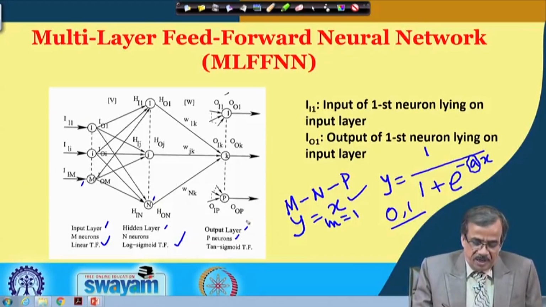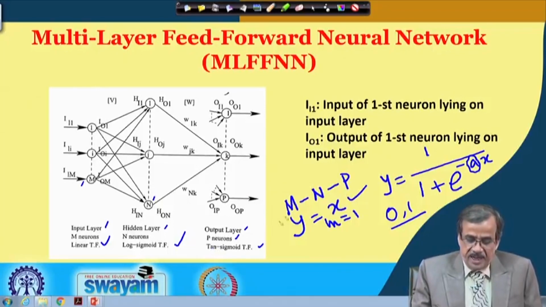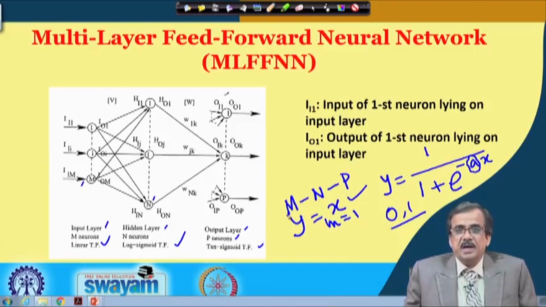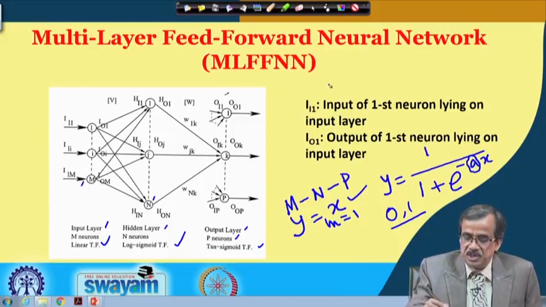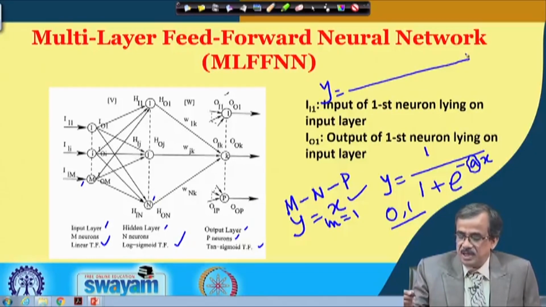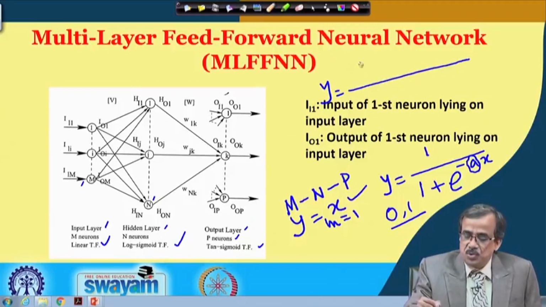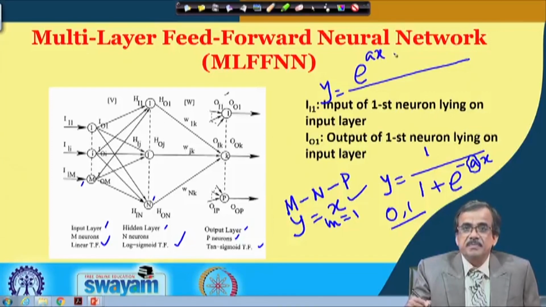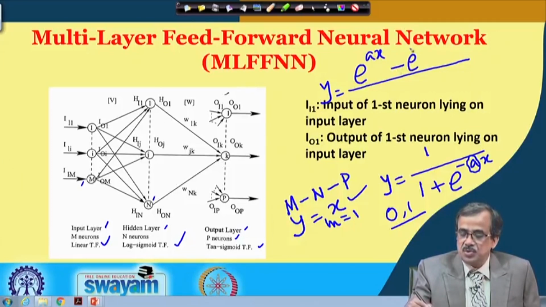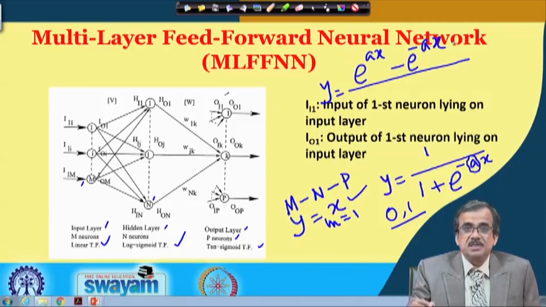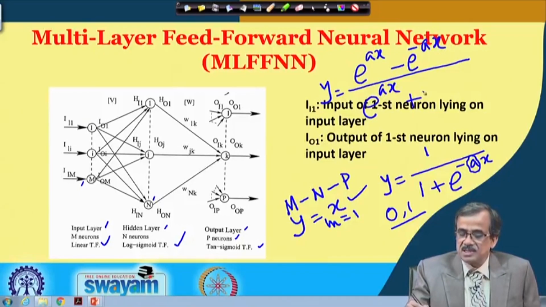Now, on the output layer we consider the tan sigmoid transfer function, and the mathematical expression for a tan sigmoid transfer function is something like this. y equals e raised to the power a x minus e raised to the power minus a x divided by e raised to the power a x plus e raised to the power minus a x.